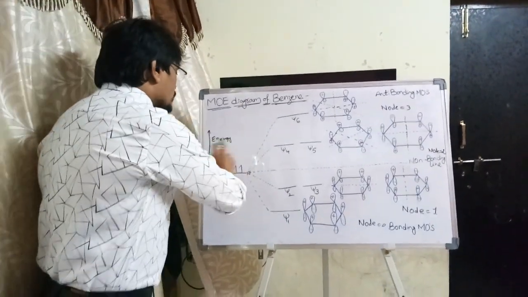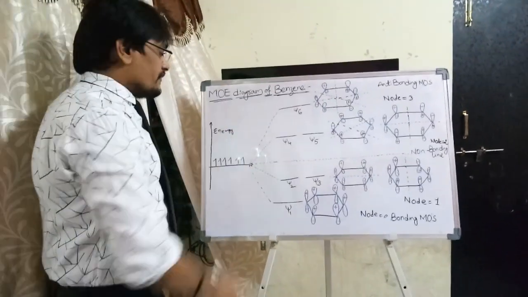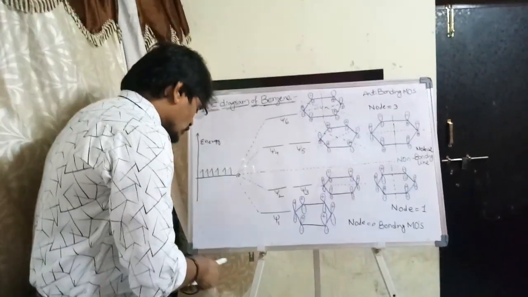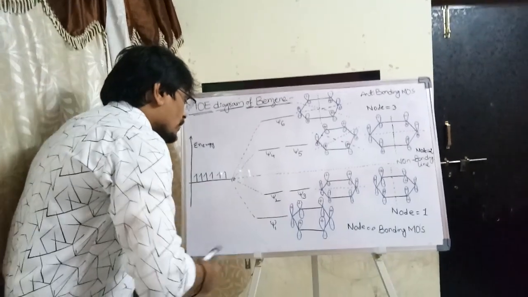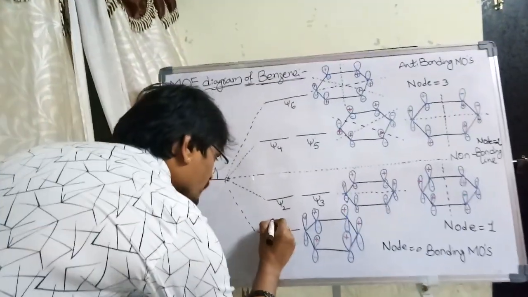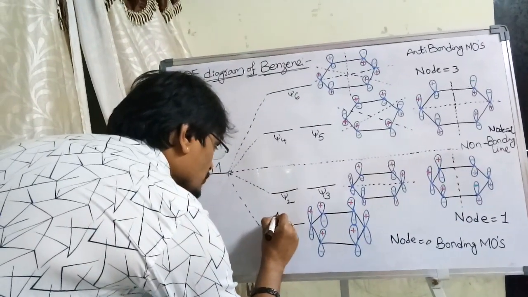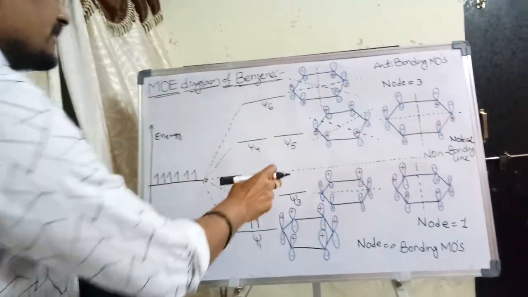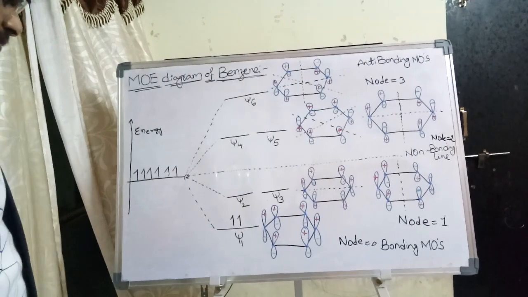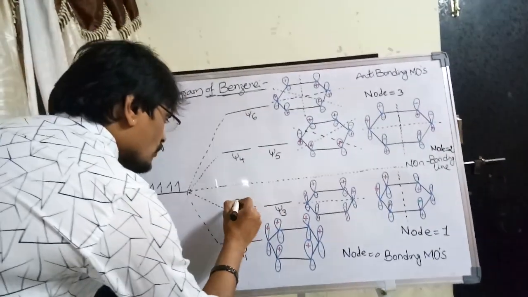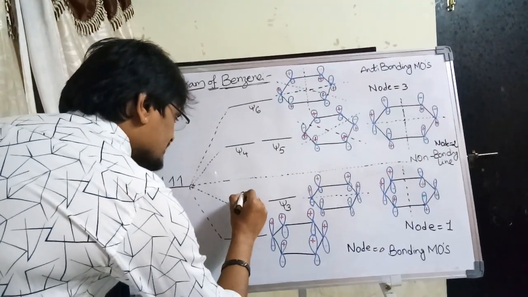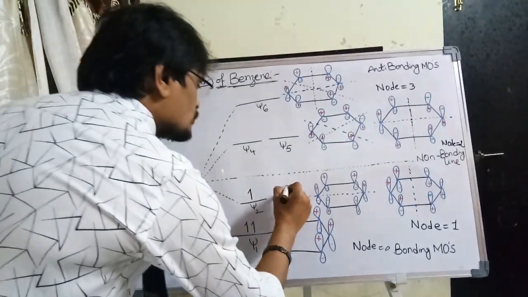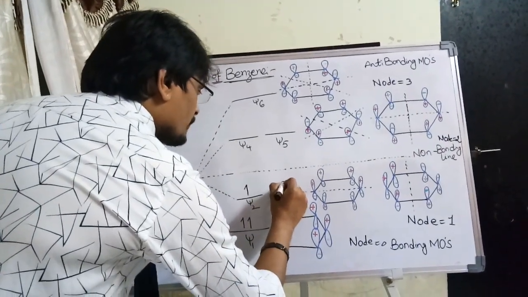Now totally how many electrons are there? 6 electrons are there. Out of 6 electrons, 2 electrons will occupy the first molecular orbital. Next, these are degenerate orbitals. Now, according to Hund, one electron is placed in psi2, another electron is placed in psi3.